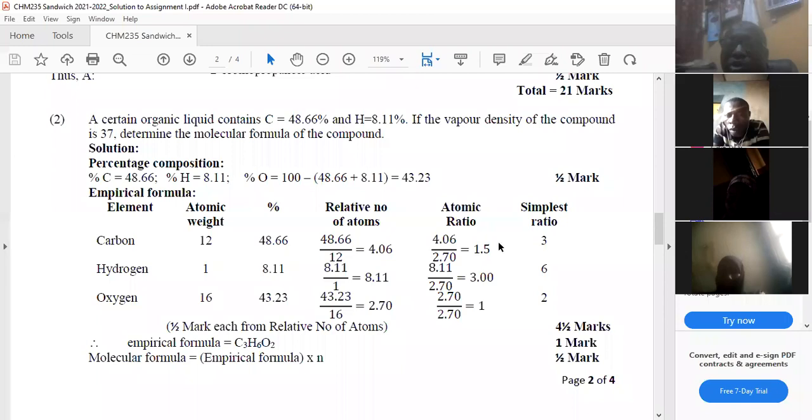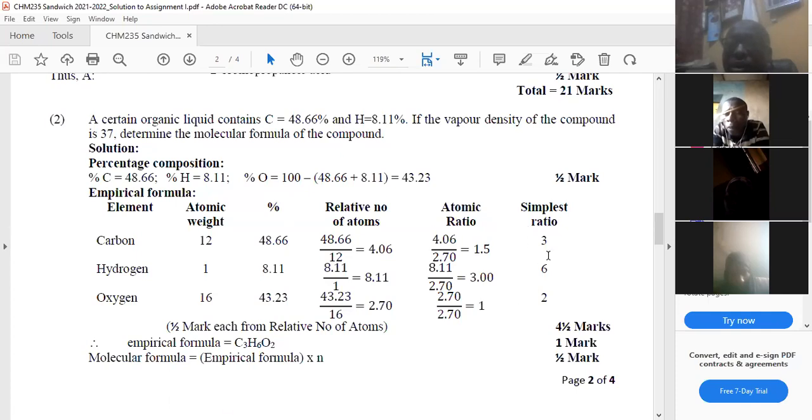When you have the atomic ratio of this nature, where we have a fraction, the fraction is up to 5 and greater. You will multiply by a factor that will make it whole number. Are you getting my point? Yes, sir. You factor the whole thing by a factor that will transform the atomic ratio into a whole number.